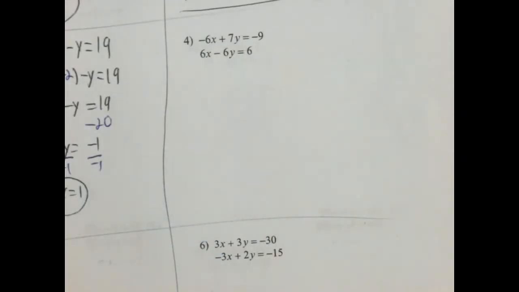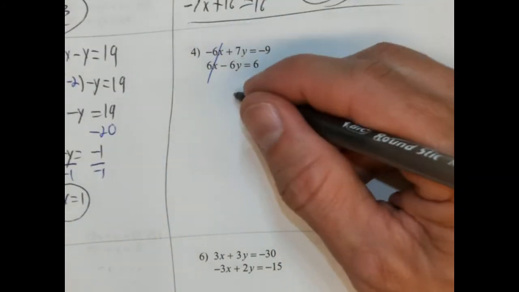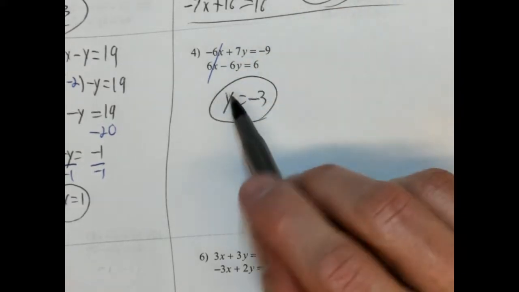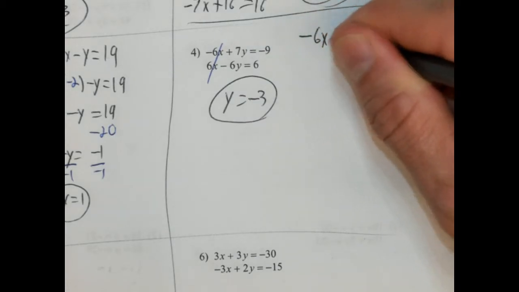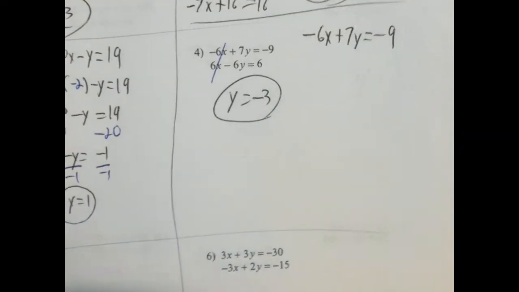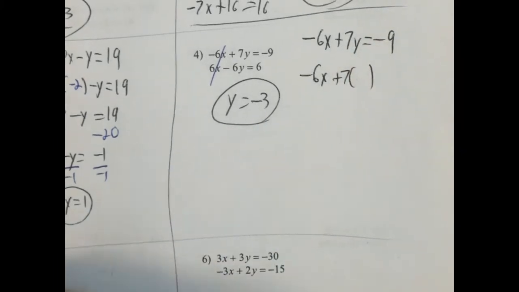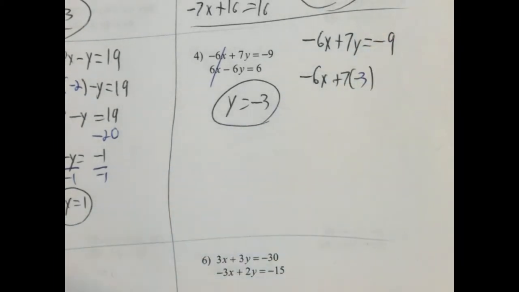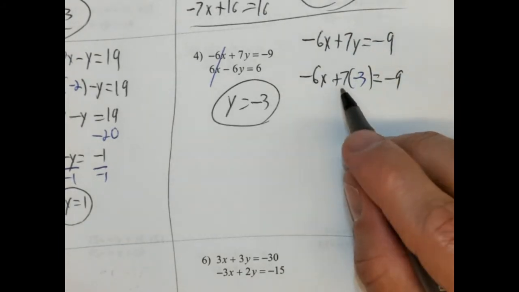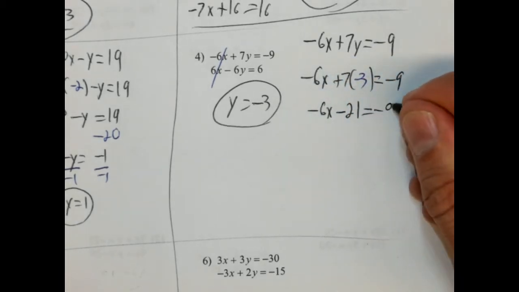So now we're going to look at these. It looks like the x's are going to cancel out. So 7y minus 6y is 1y, and -9 plus 6 is -3. So we already have our y value. That was pretty easy. Let's do the top one. So -6x plus 7y equals -9. Let's put the -3 in for y. So we're going to write -6x plus 7, put -3 there, equals -9. 7 times negative 3 is negative 21, so negative 6x minus 21 equals negative 9.